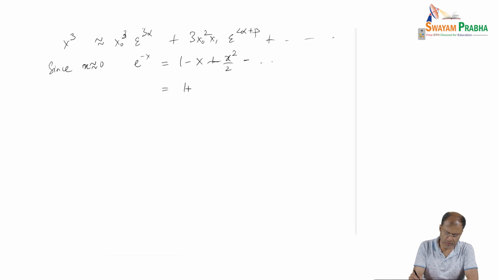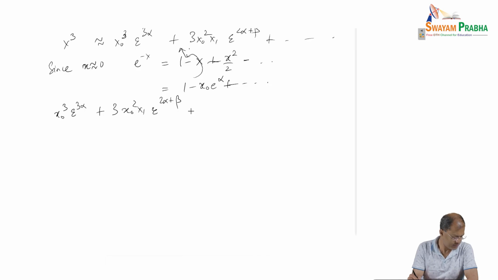We see that this is 1 minus x0 epsilon to the power alpha plus, and so on. If we plug everything in, we see x0 cubed epsilon to the power 3 alpha plus 3 x0 squared x1 epsilon to the power 2 alpha plus beta plus, and so on, minus epsilon times e to the power minus x.